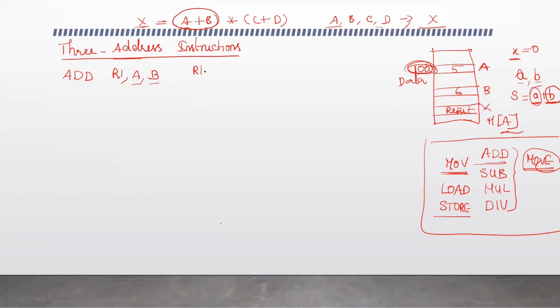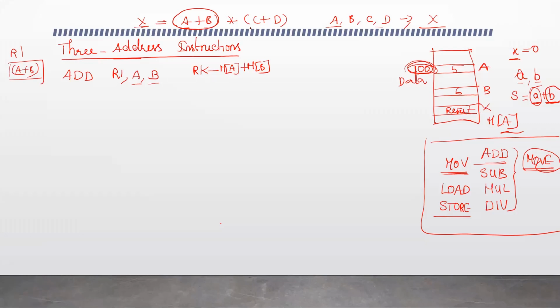The meaning of this instruction is R1 is the memory word at location A plus the memory word at location B. So in register R1 we will have the result of A plus B.